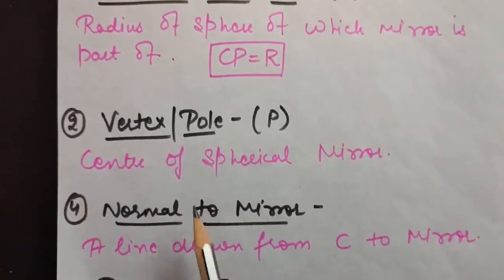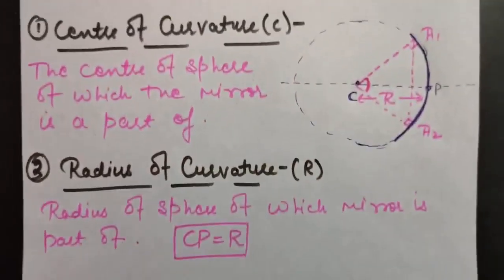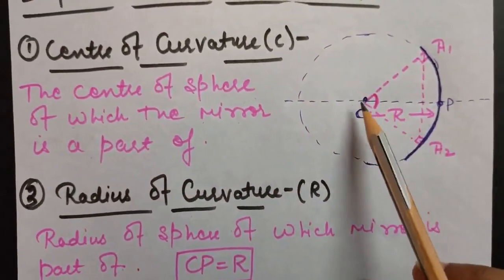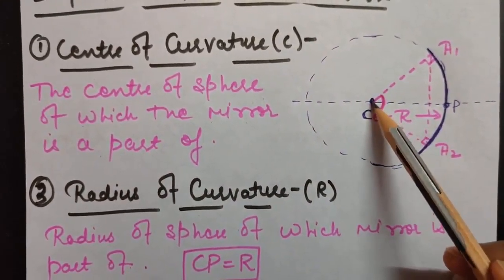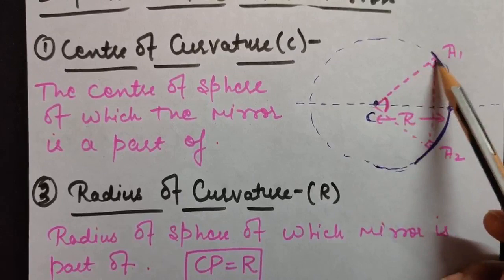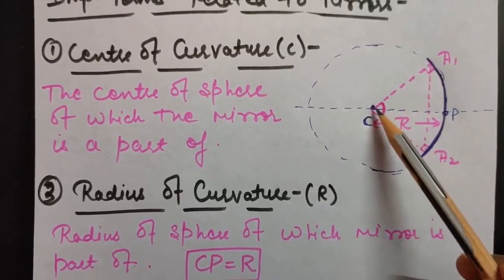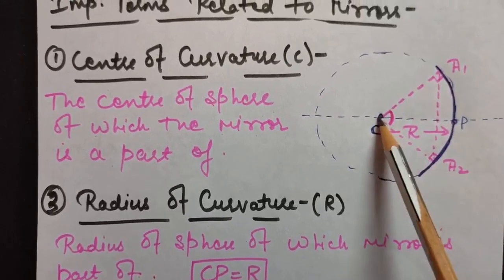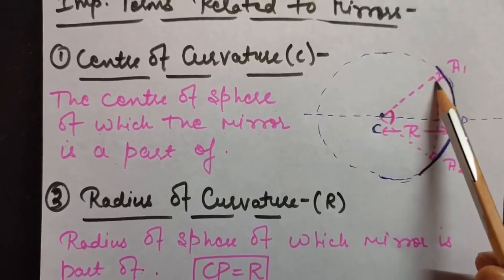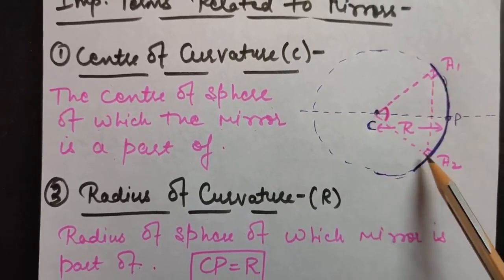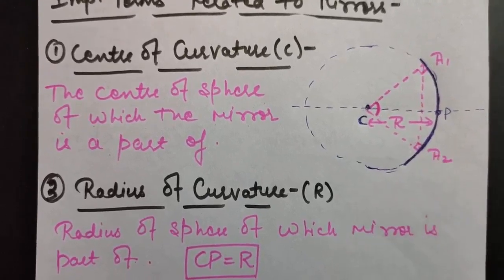Next is normal to the mirror. Now see, this is the center of curvature. If you draw any line from C to the mirror, I have drawn two lines, this one and this one. Any line drawn from the center of curvature to the mirror will be perpendicular to it. Similarly, this line will also be perpendicular to it, or you can say normal to it.